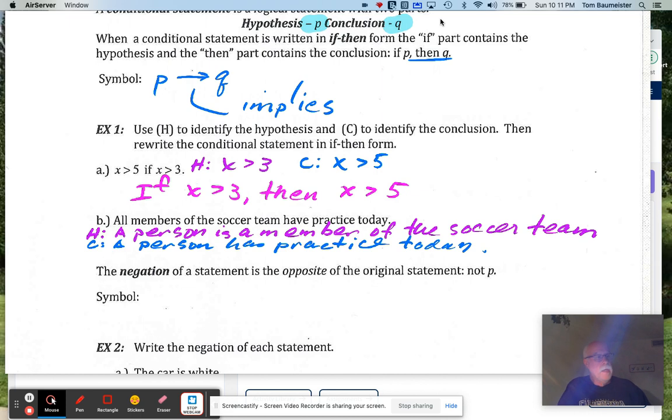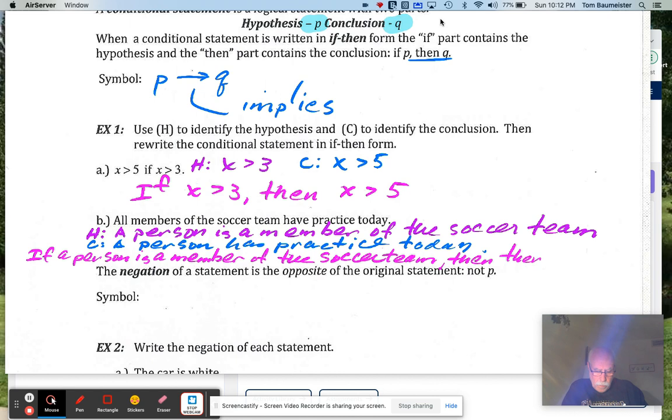So then we would say in if-then form, if a person is a member of the soccer team, then they have practice today. So I had to go a little past there, but it's okay.